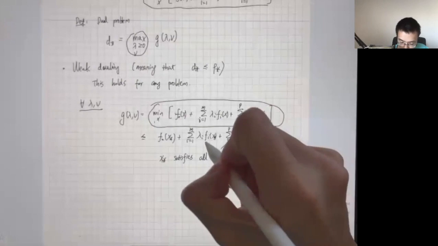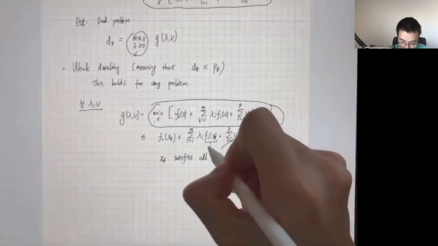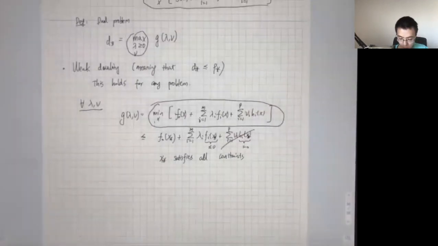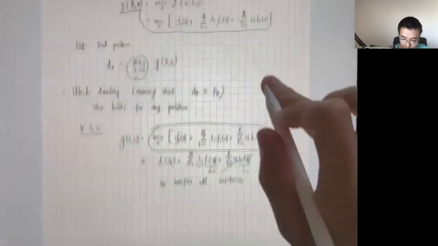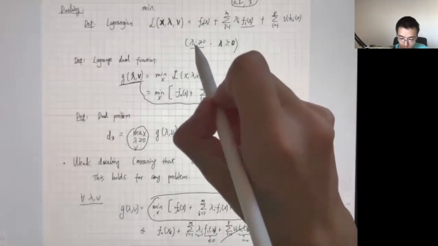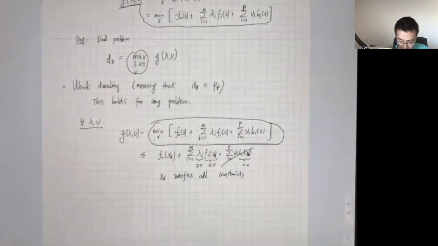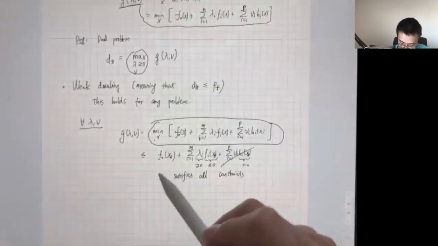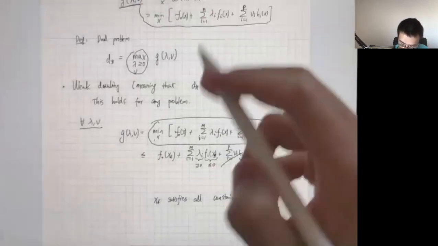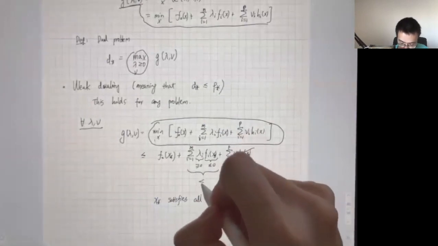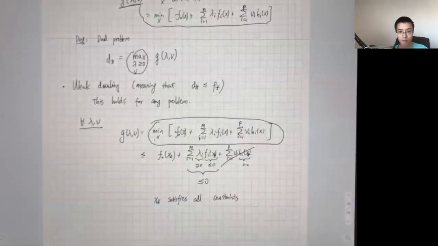And f_i(x) is less than or equal to 0, and for lambda_i, I have a convenient tool to remember it: it has to be greater than or equal to 0. So this term must be less than or equal to 0, right?